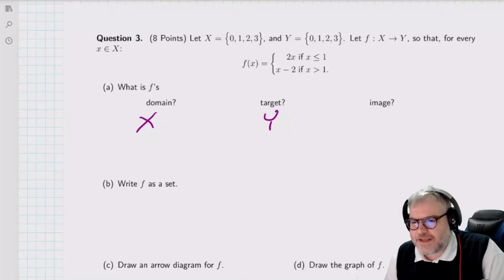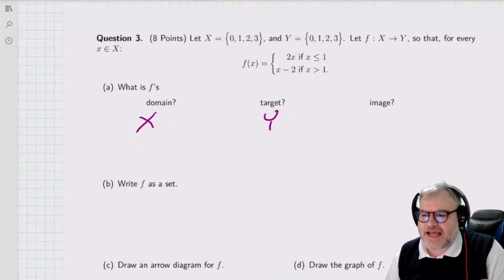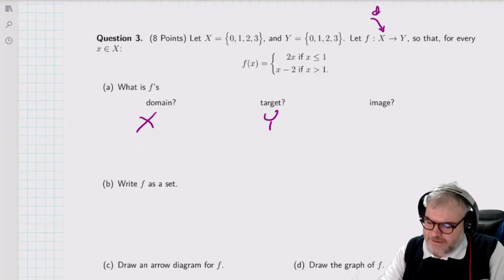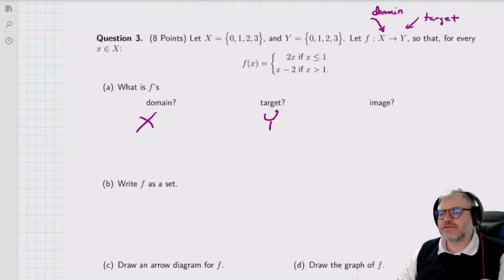How do we feel about those two pieces of it, 1 to 5? How do I know the domain is X? Because I told you. Domain. Target. That's how I know, because I told you.